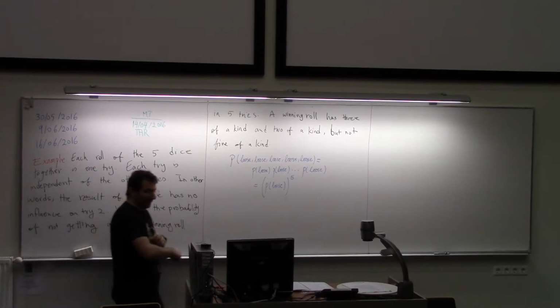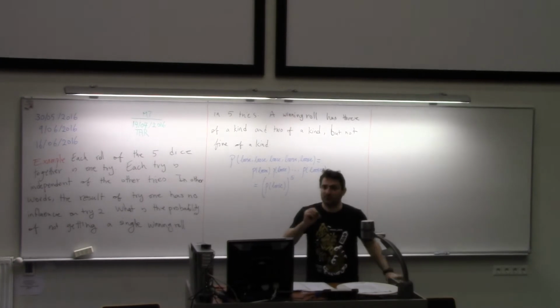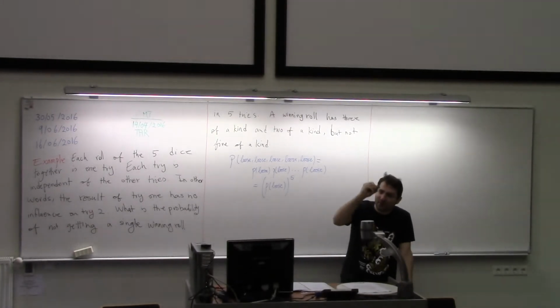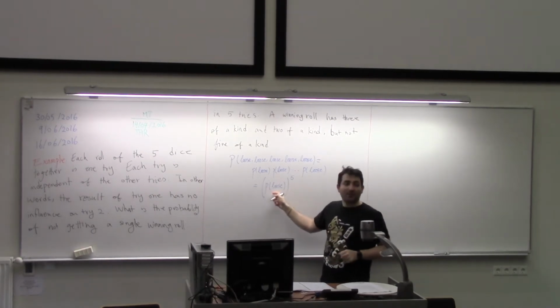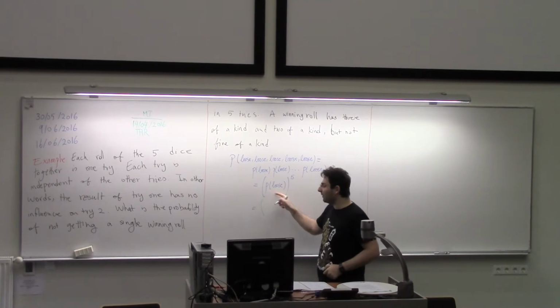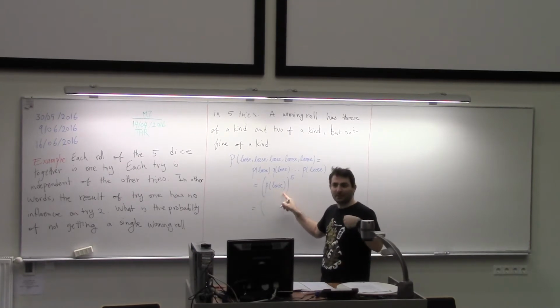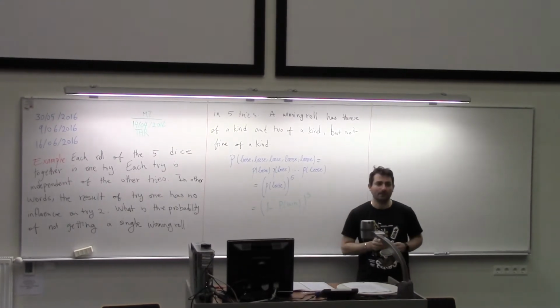So, one possibility is that we see how many ways we can lose and write them down. Or, we know that the probability of winning is very rare, so I can write that probability of lose is the complement of probability of win. So it's 1 minus probability of win, to the power 5, right?